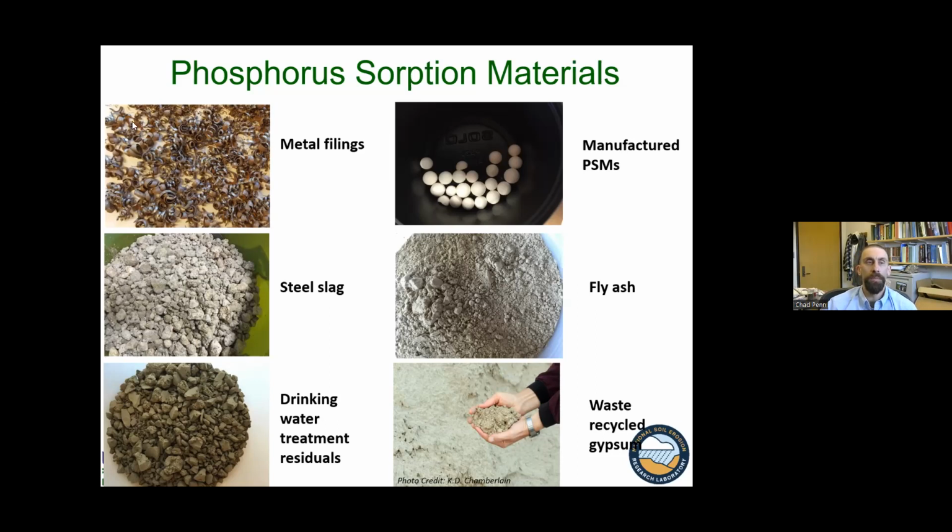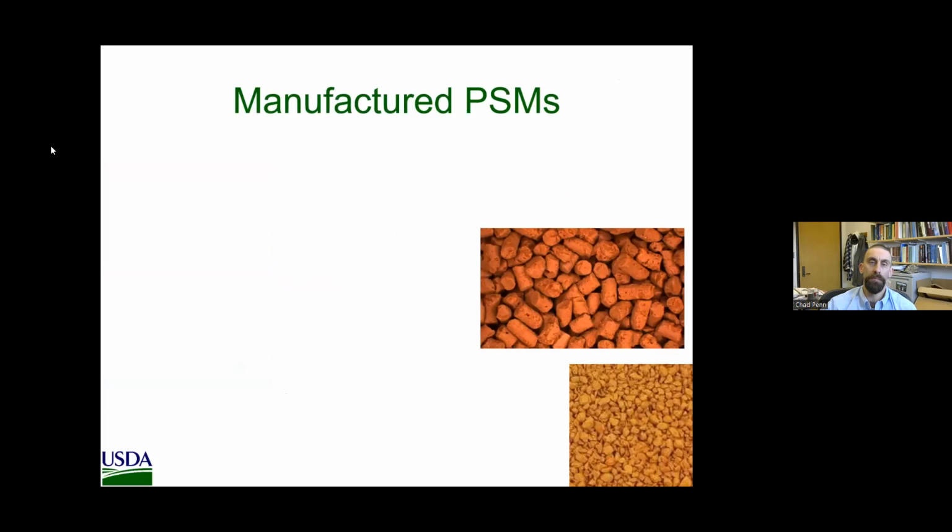However, they do need to be screened for safety to make sure that they don't contain excessive soluble amounts of trace metals. Some of my favorite materials are metal filings. We've used a lot of steel slag in the past. There are also manufactured P sorption materials. I'll say more about that in a second.